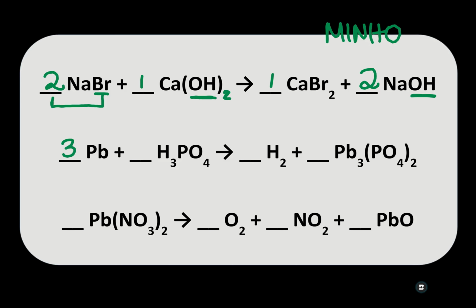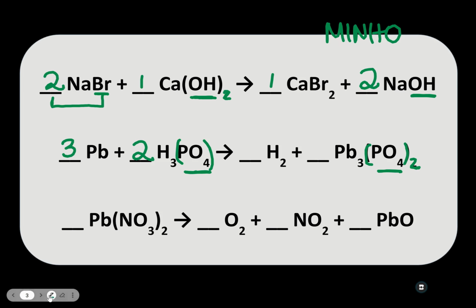So good. Ions. I have a phosphate ion here and here as well. According to this, I have 2 PO4s. Here, I only have 1 PO4. So I'm going to put a 2 in the front of my reactant here. Now that means I have 2 PO4s. I have now 6 H's right here.